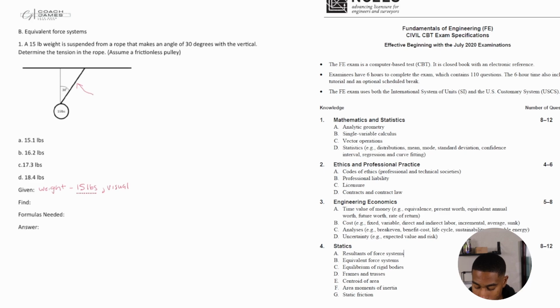So what are we trying to find? Well, we're trying to find the tension in the rope, right? We can break this up and look at a diagram of what's happening.